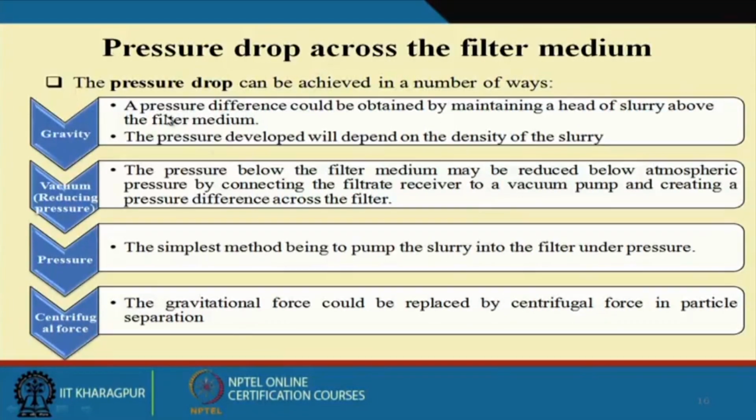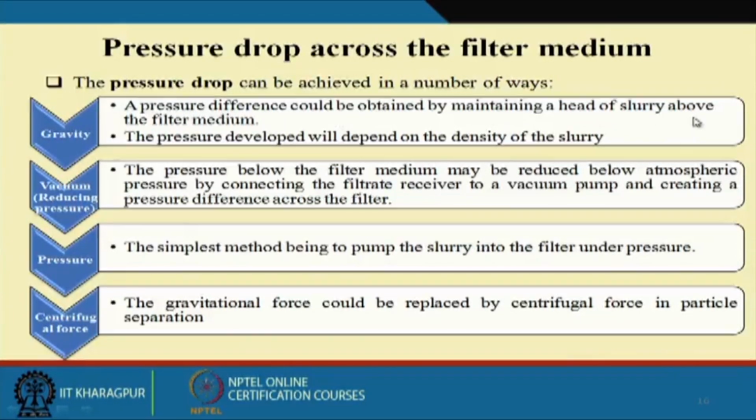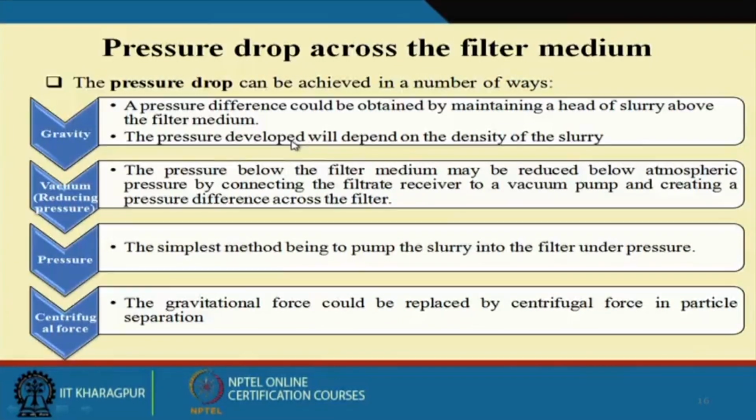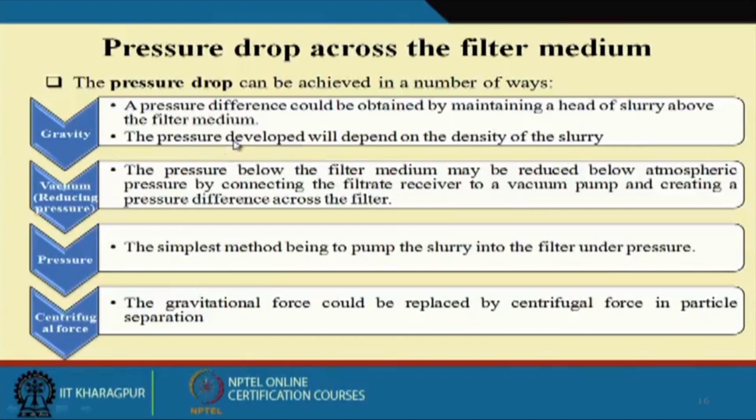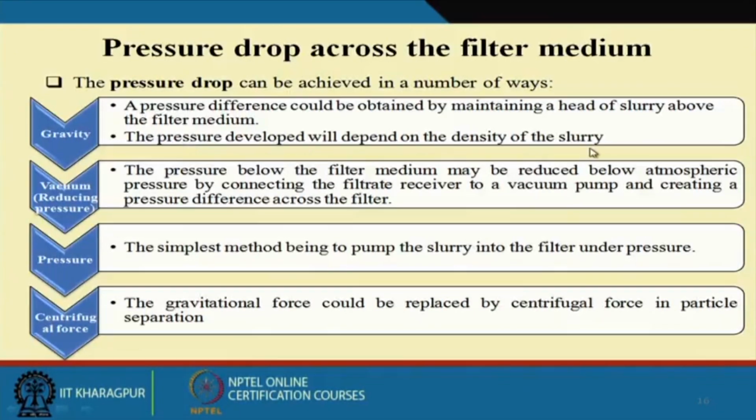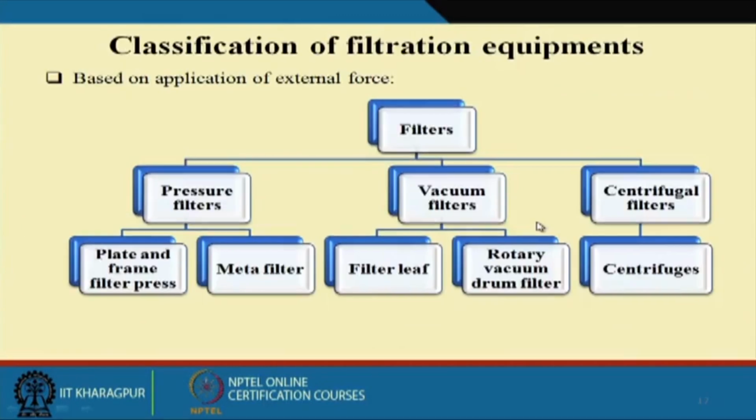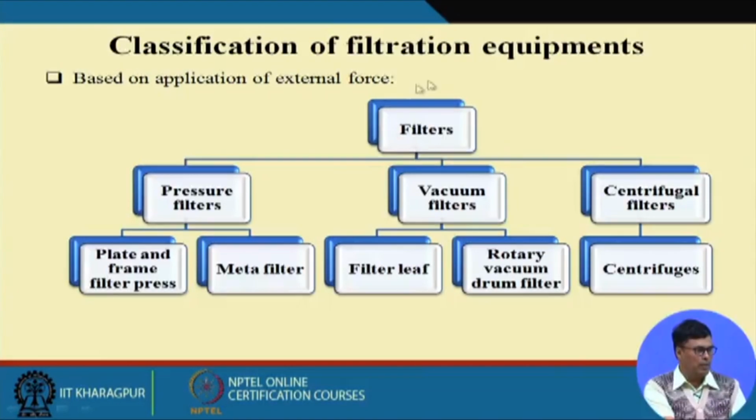I can give an example. The pressure difference could be obtained by maintaining the head of slurry on the filter. With more head, the pressure difference will be more, and the pressure developed will depend on the density of the slurry. Classification of filtration equipment: we have pressure filter, vacuum filter, and centrifugal filter.